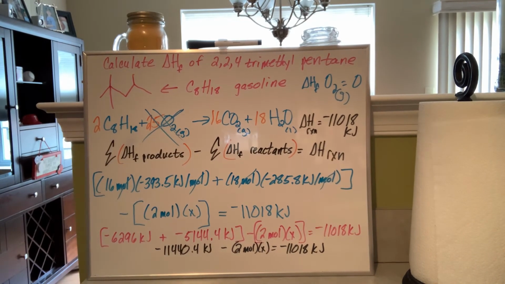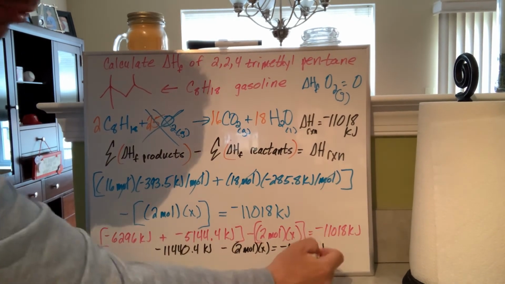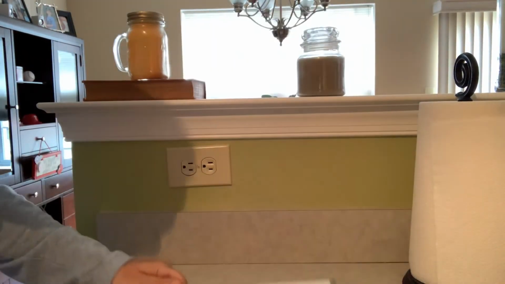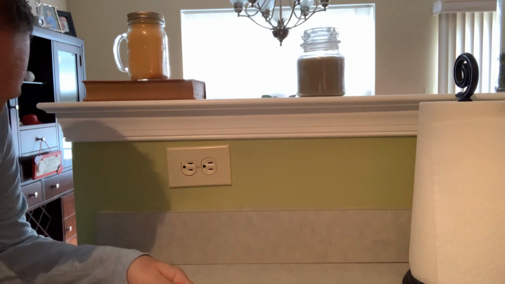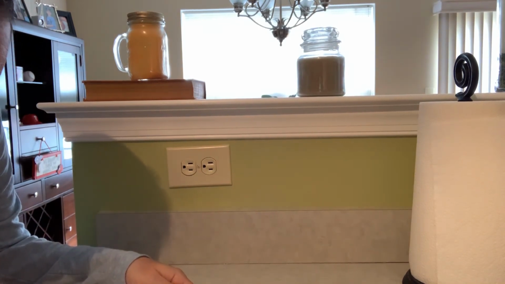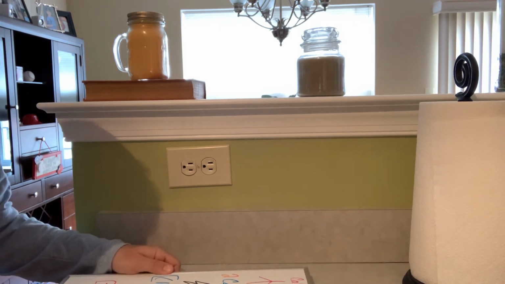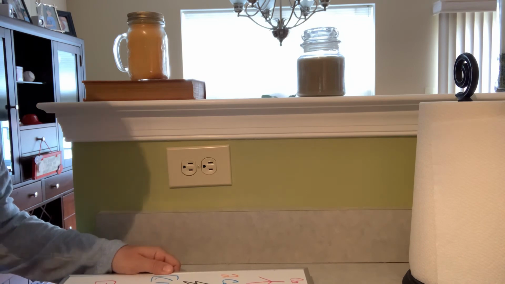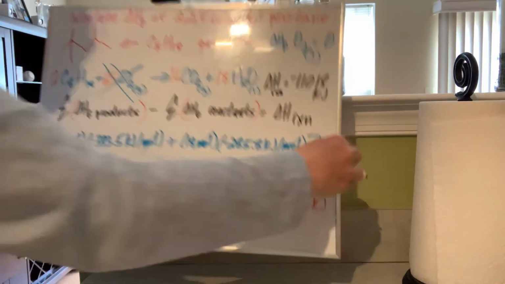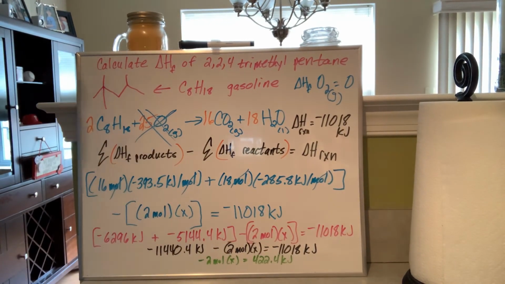So what's gonna be left on this side of the arrow, if we add 11,440.4 kilojoules to both sides, I'm gonna be left with negative 2 moles times X equals 422.4 kilojoules, right here in the bright green color.